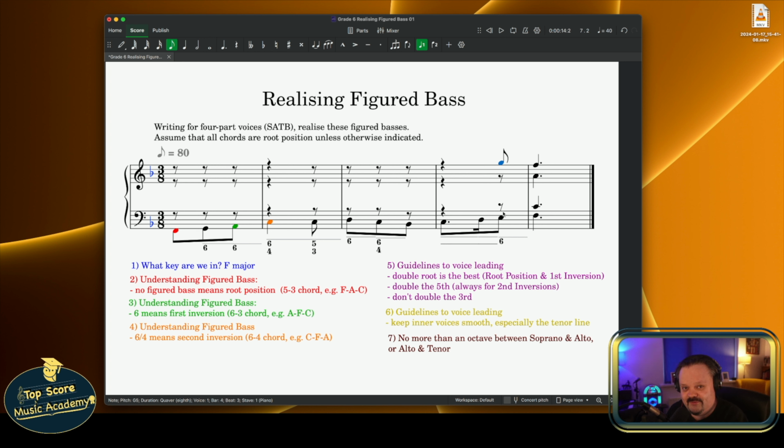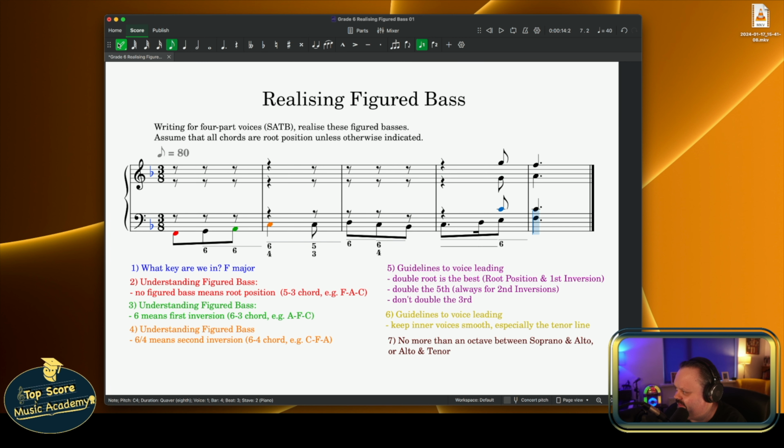So already my voices are getting quite spaced out. And I suppose I could harmonize this, for example, as a C, E, G chord. So I probably could do something like this in order to keep that tenor line nice and smooth, you know, C going to C. I end up with quite a large space between the soprano and the alto.